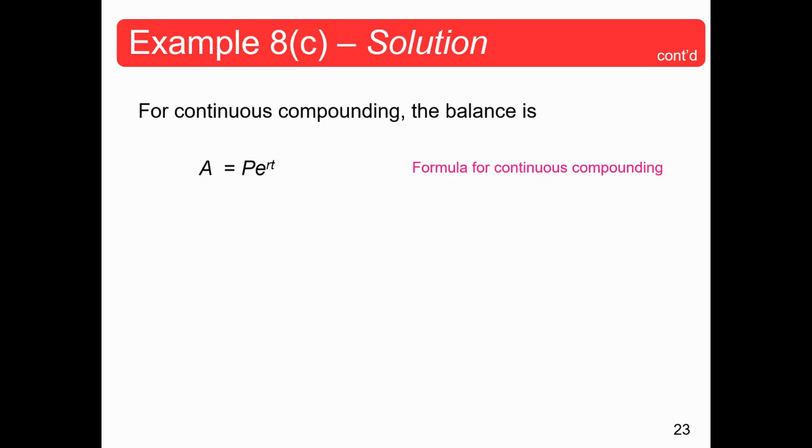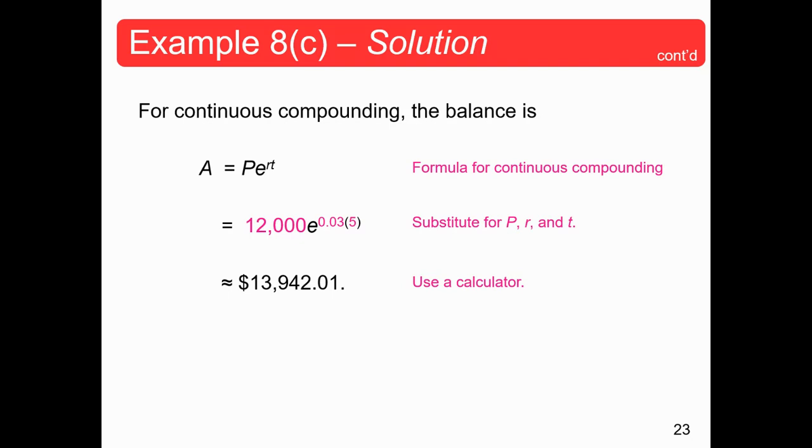Lastly, for continuous compounding, we're going to use the P e to the RT formula. And this time it'll be 12,000 times e to the power of 0.03 times 5. When you calculate that out, you get $13,942.01. Now, you should ask yourself, what is the best value?